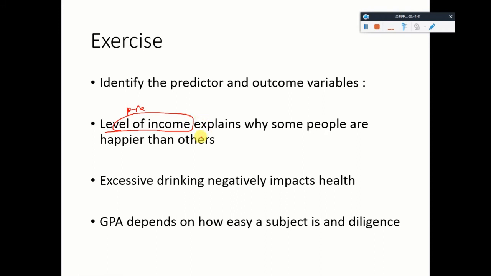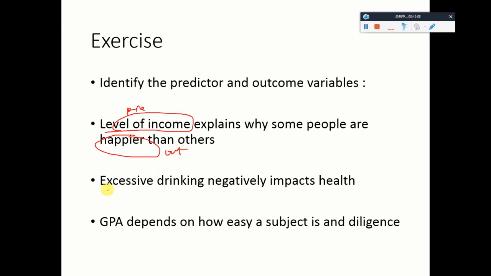Because we have the keyword here, level of income explains. The definition of a predictor variable is the variable that predicts, that explains, okay? So that's our predictor variable, and the outcome variable is happiness, right? That's our outcome variable.